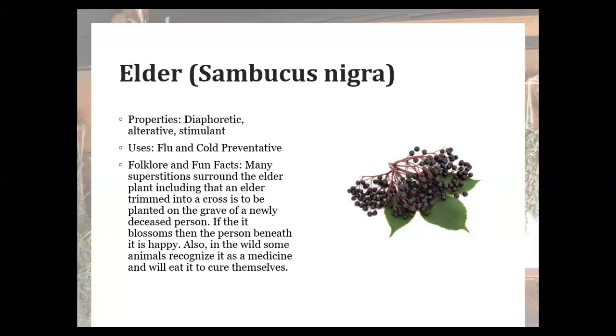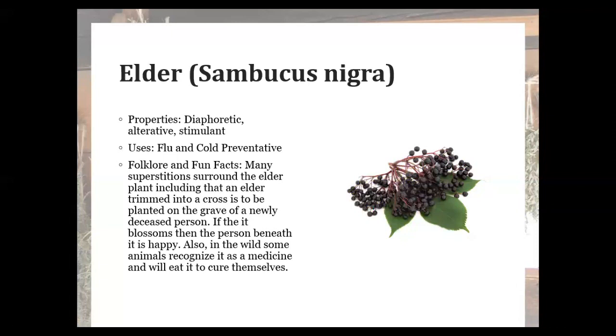The next thing that I want to talk about with elder that is not a superstition is that in the wild, some animals will recognize elder as a medicine and they will eat it to cure themselves. This is a practice known as zoopharmacognosy, okay?